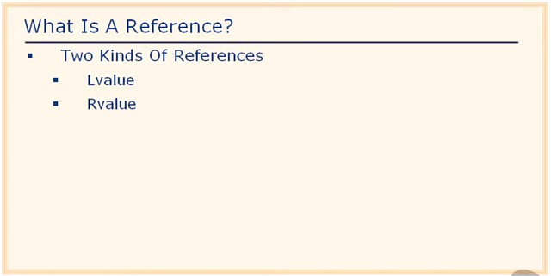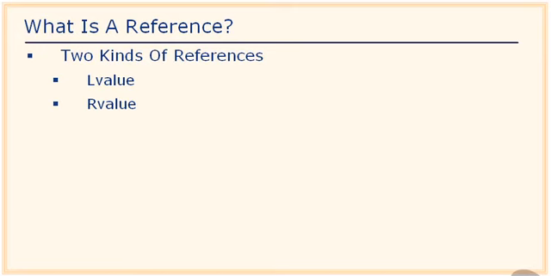I'm going to talk about these in separate videos to try to help and make sure that I don't confuse you. So we're going to do a separate video on L values, and a separate video on R values. We're not talking about a lot of information here, just some very simple examples to help you understand exactly what we're talking about.